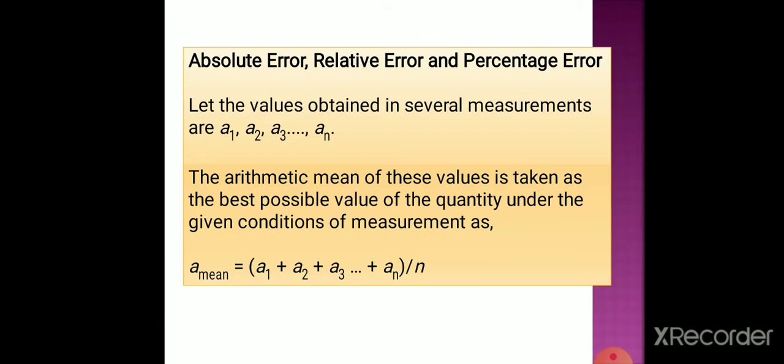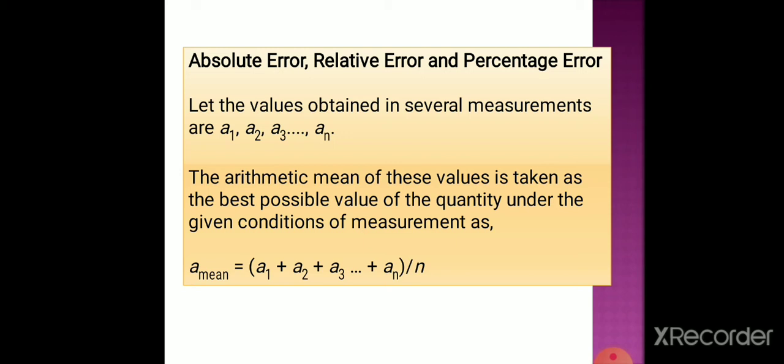Coming to absolute error, relative error, and percentage error, let the values obtained in several measurements be A1, A2, A3, etc. up to AN. The arithmetic mean of these values is taken as the best possible value of the quantity or the true value under the given conditions of measurement.